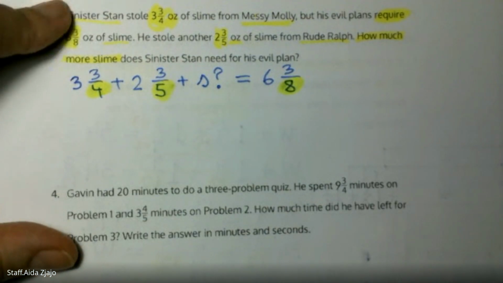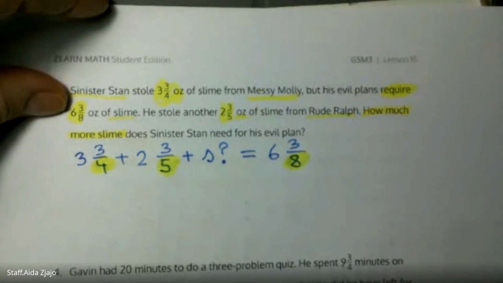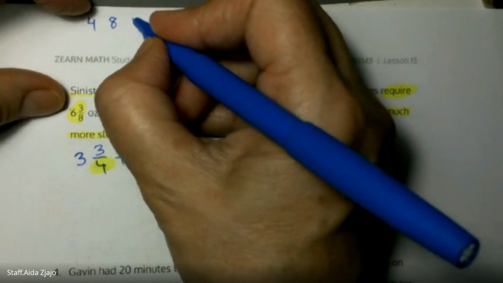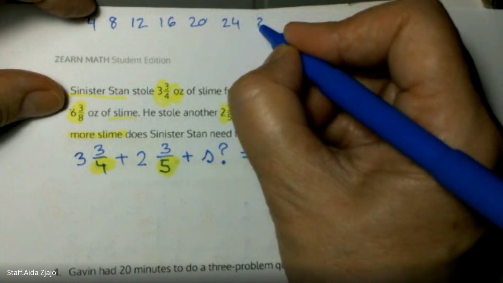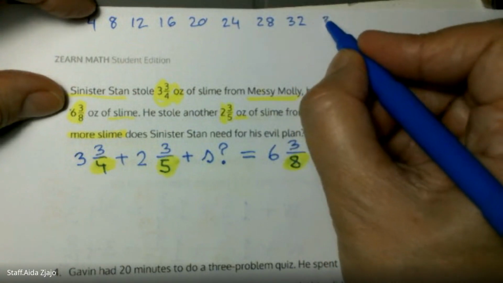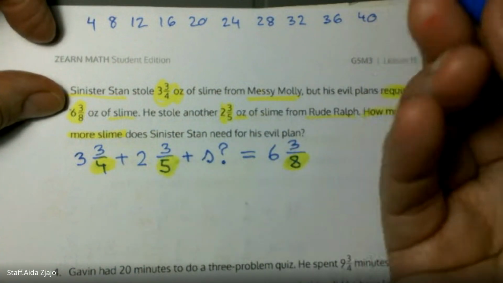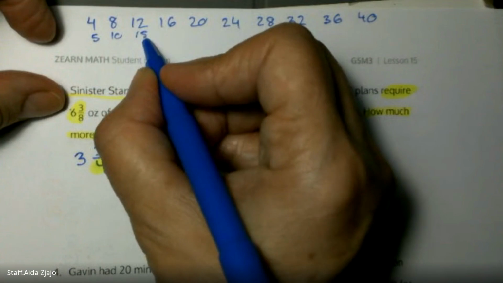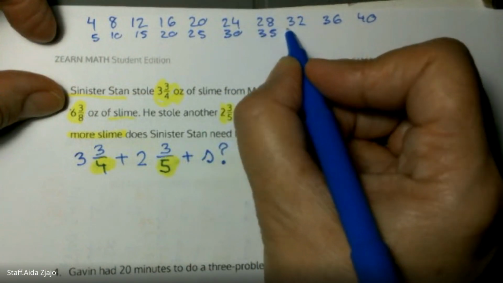So we will skip count by 4, by 5, and by 8. And if you don't know, you can do that. 4, 8, 12, 16, 20, 24, 28, 32, 36, 40. I'm going to stop right there. And then I will do 5, 10, 15, 20, 25, 30, 35, 40.